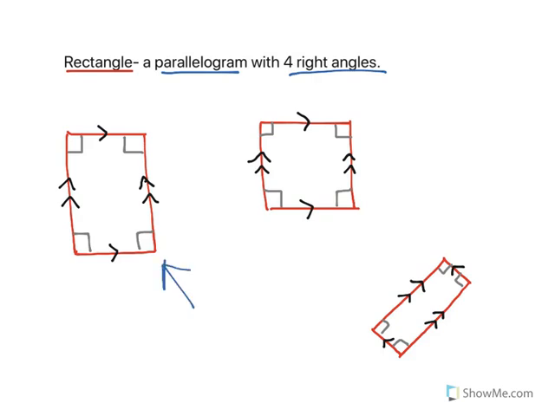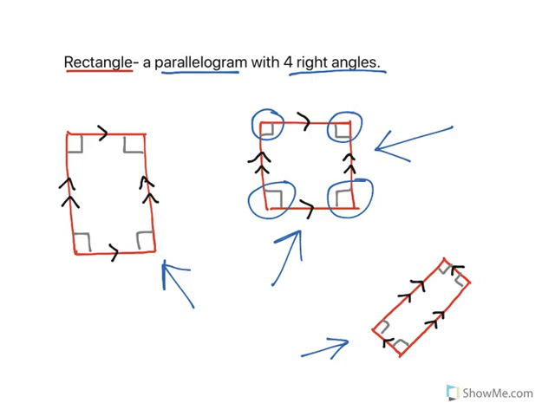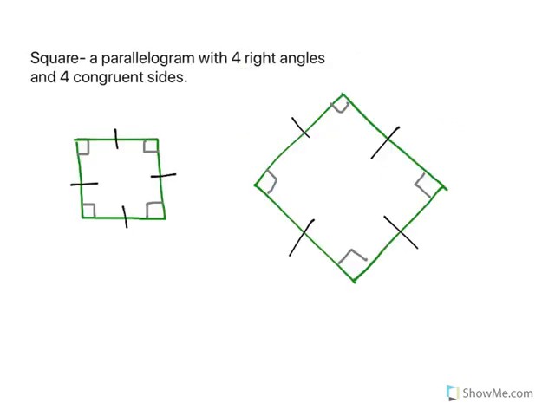All of these are parallelograms because they have two pairs of parallel lines as indicated by the symbols. Additionally, they have four right angles. All of them have four right angles. Now I know that this one you like to call something else, so do I, but right now we can say, based on the rules, so let's look at another type of parallelogram, another type of rectangle.